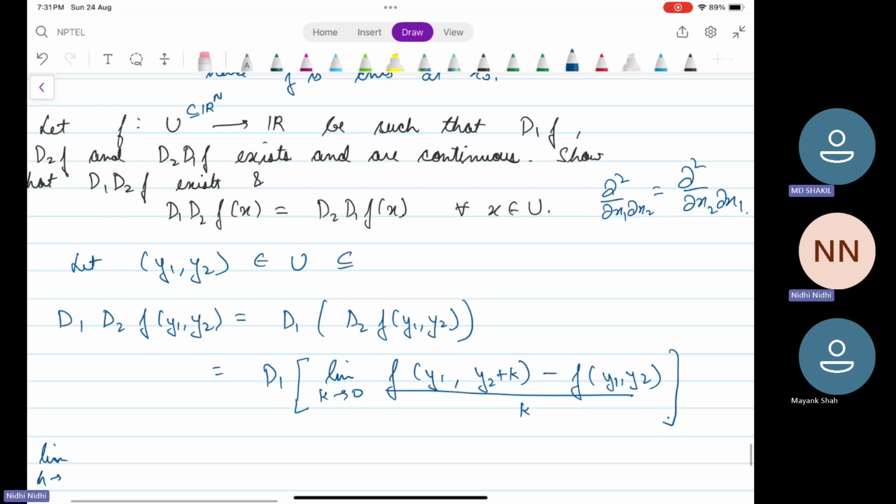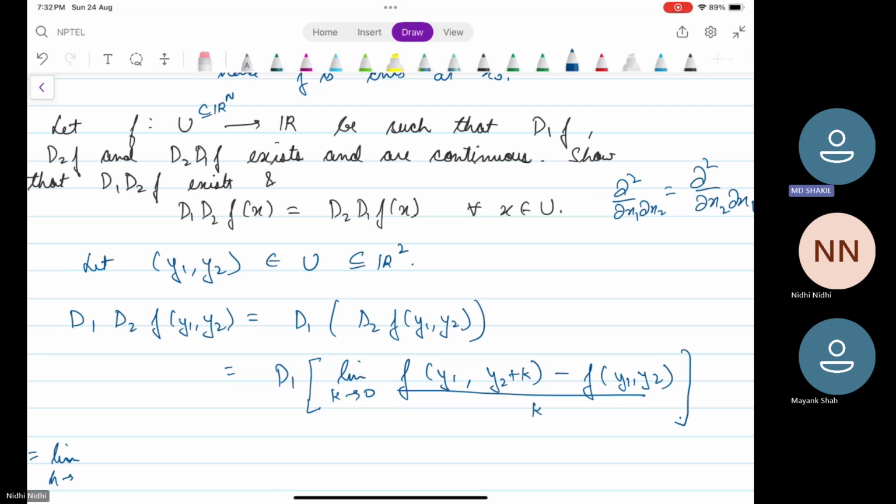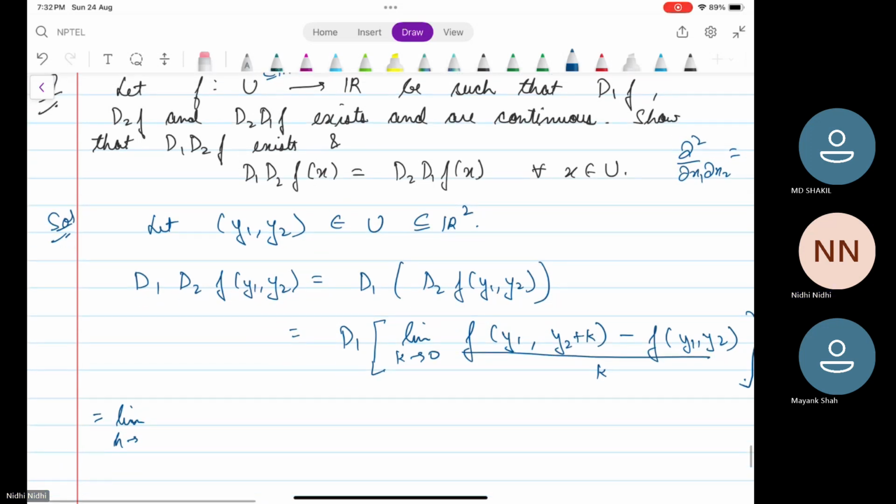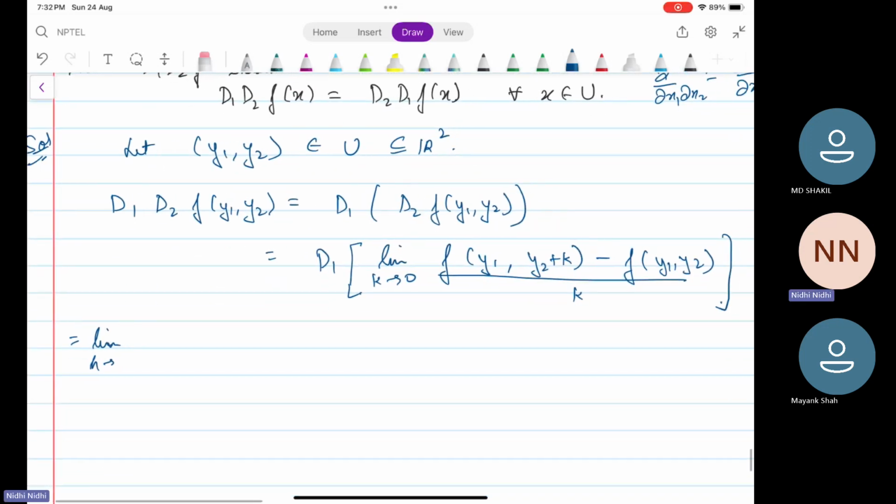That's why I'm taking it to be R2, and the rest of the variables are considered to be constant. Otherwise, you can try it yourself: you need to increase the number of components here, and that will not affect the proof.